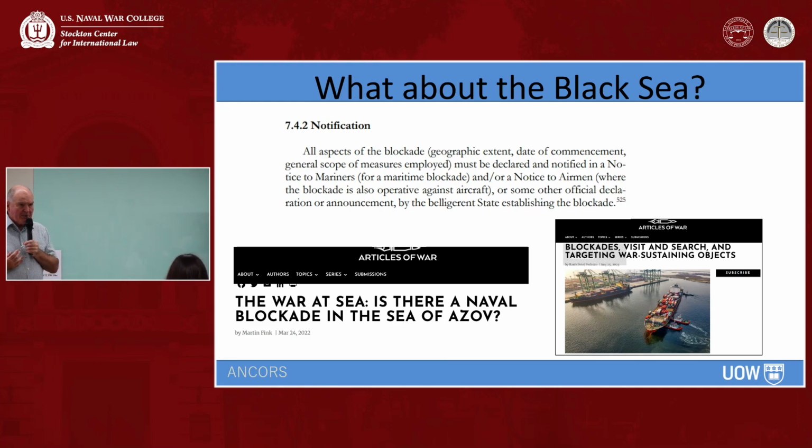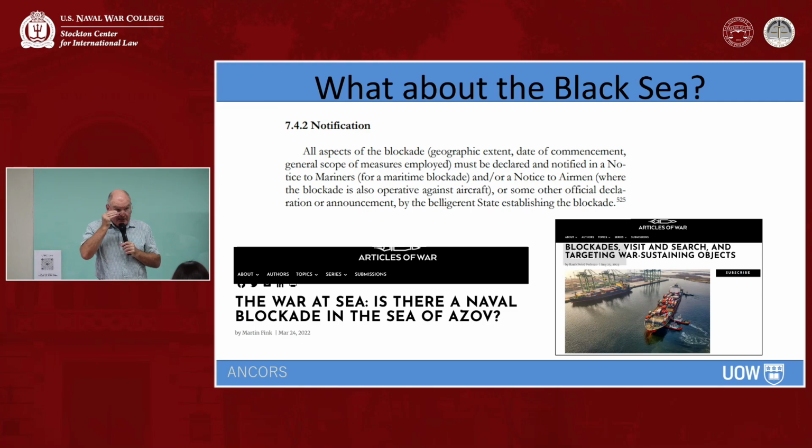There were statements made by Russia about what might happen, but in terms of enforcement and effectiveness and meeting some of those basic criteria about stopping all vessels' entry and exit, those issues were not met in those cases.